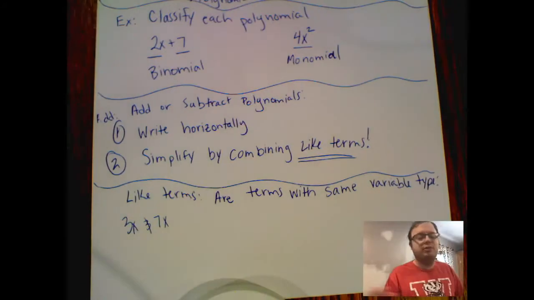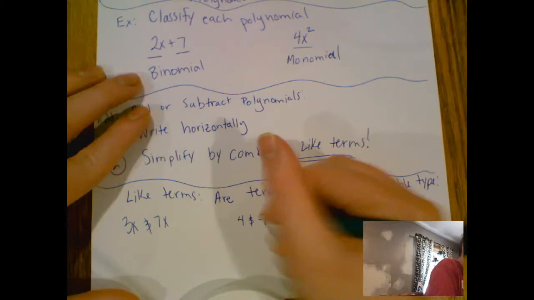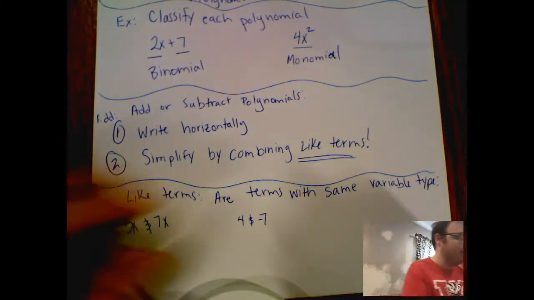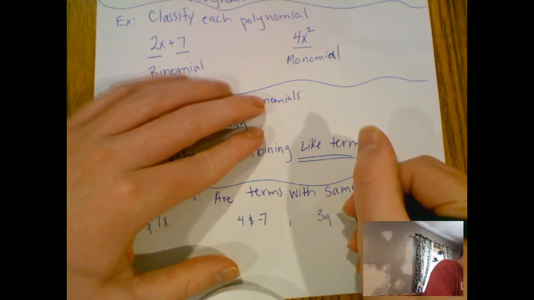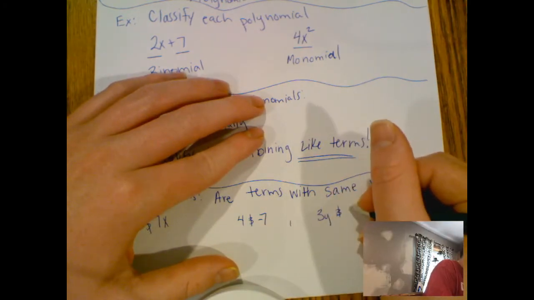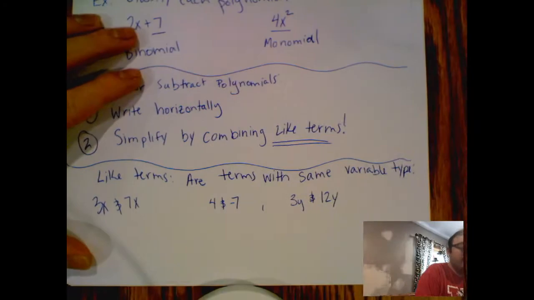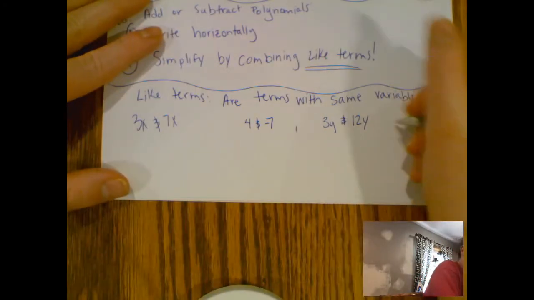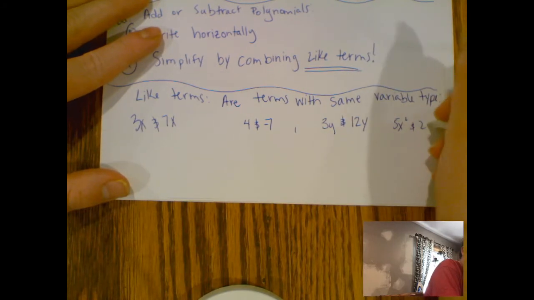Those are like terms. 4 and -7, those are like terms. 3y and 12y, those are like terms. If we want to make it a little fancier, 5x squared and 2x squared are like terms.